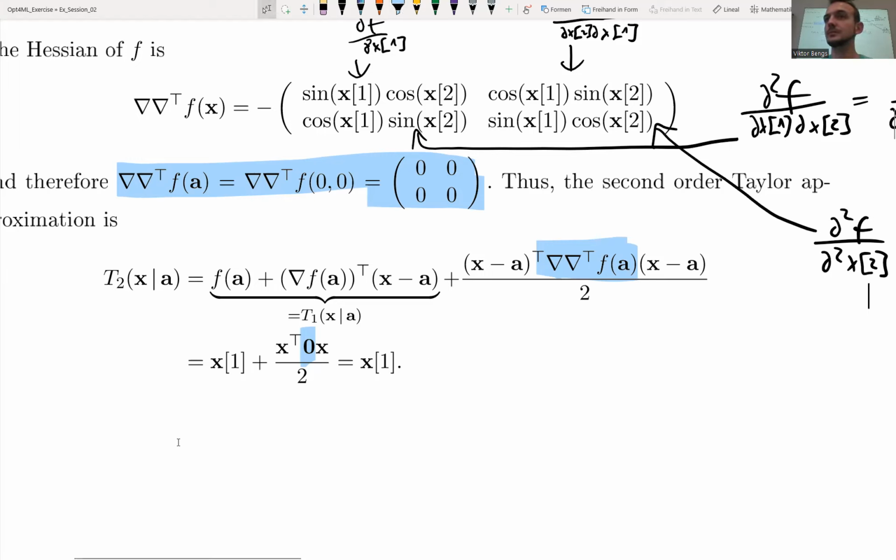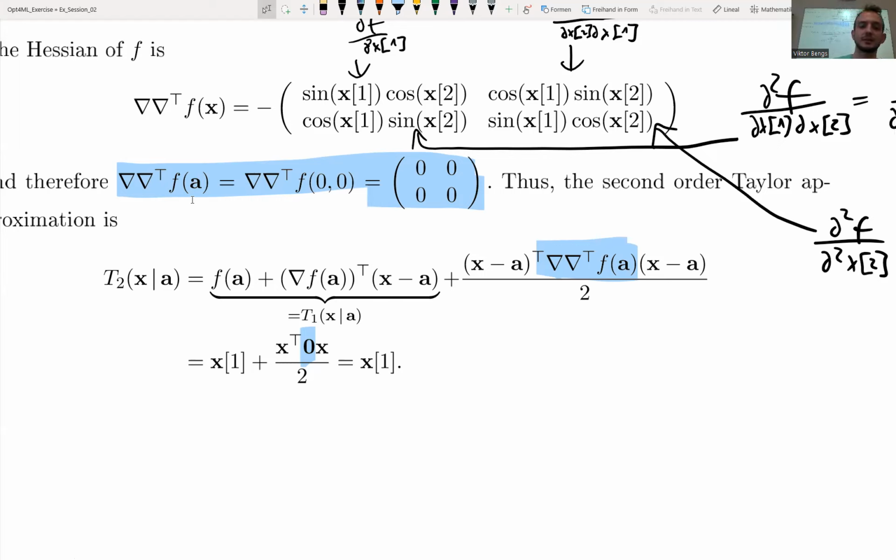Until we reach a multiple of 2 pi. Pardon? Until we reach a multiple of 2 pi. Like if A is 2 pi, then it would vanish again. Yeah, sure, due to the periodic behavior of sine and cosine, if you multiply here with 2 pi, you always get the 0 matrix.